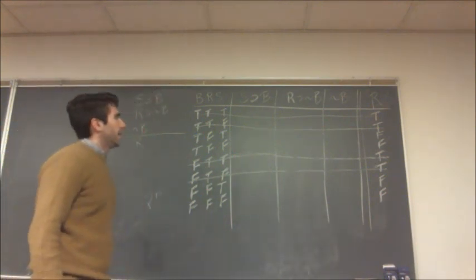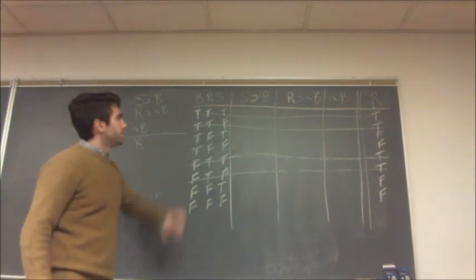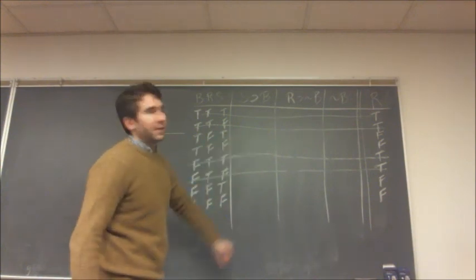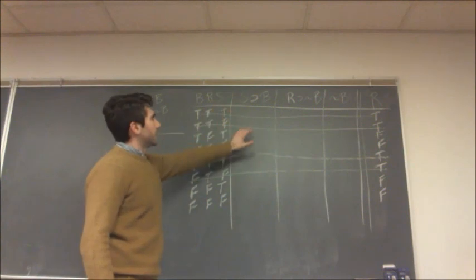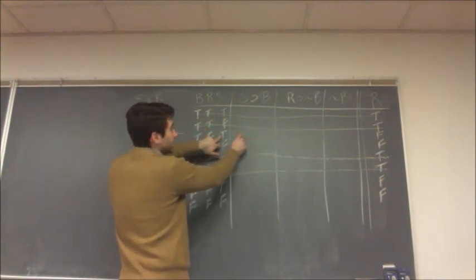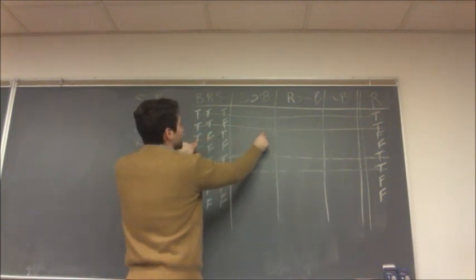Okay. So let's start with this column, if S then B. So we're going to use the information over here to solve this. In this case, the antecedent is true, and the consequent is true, so the whole thing is true.